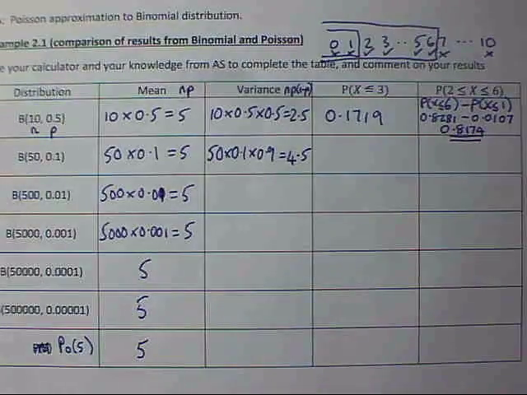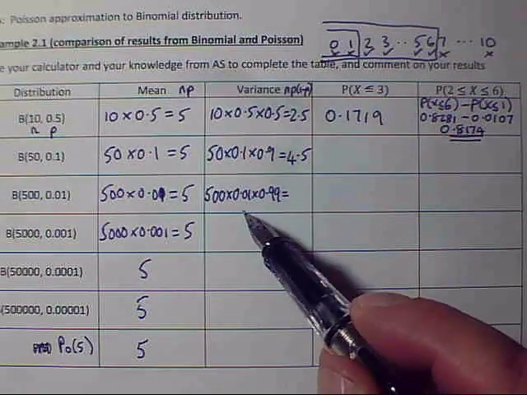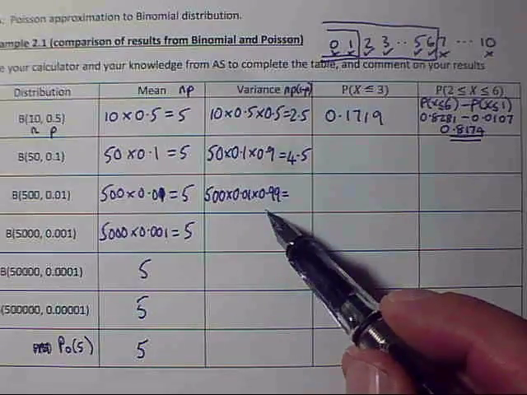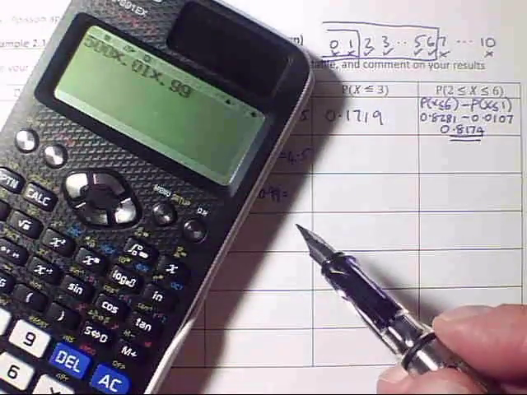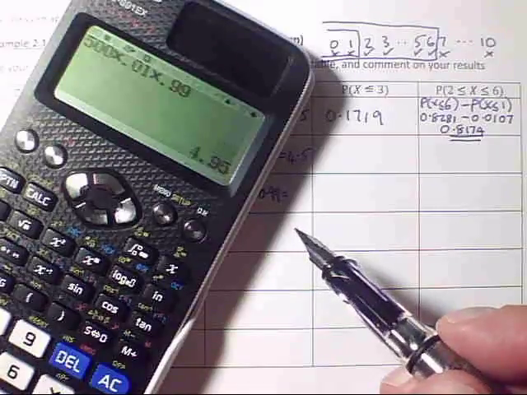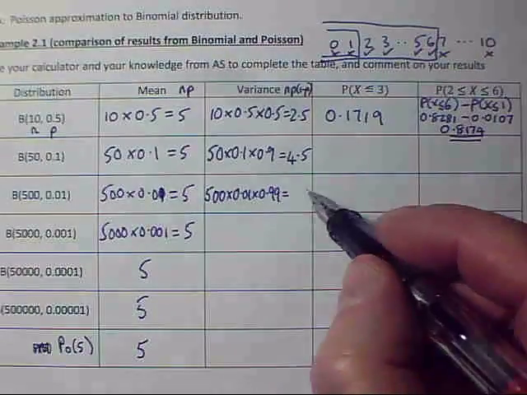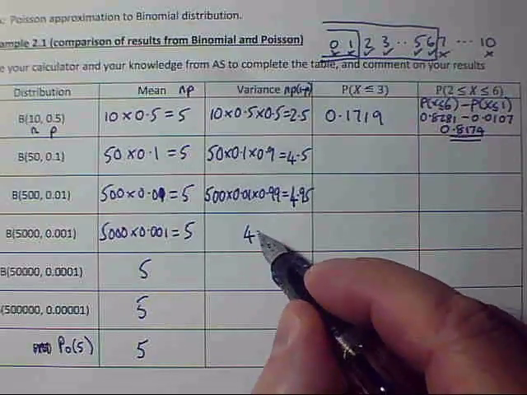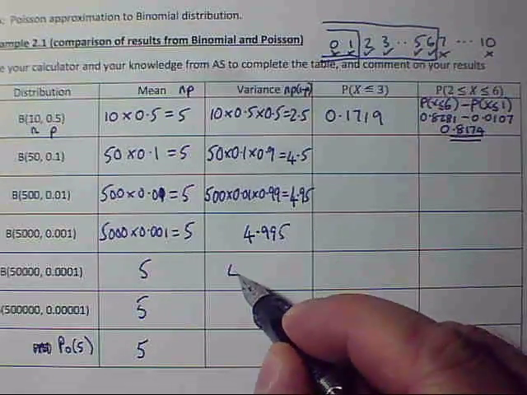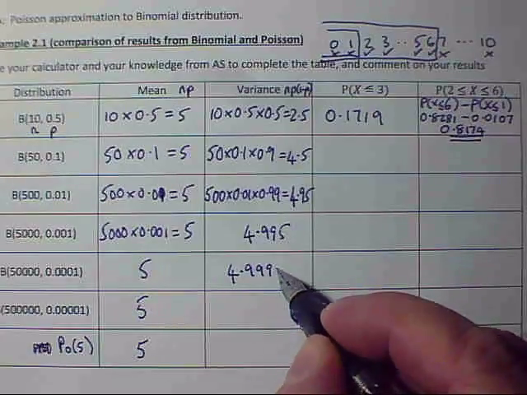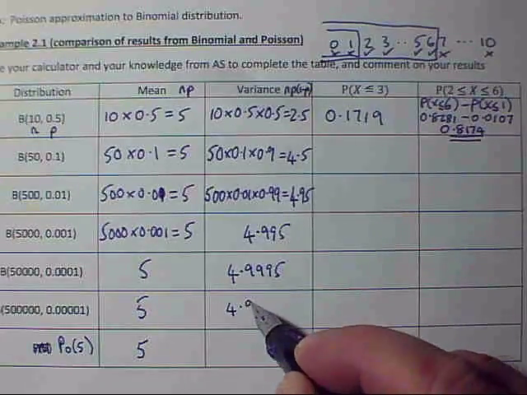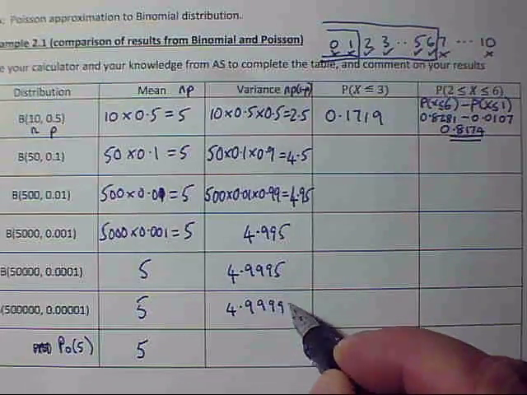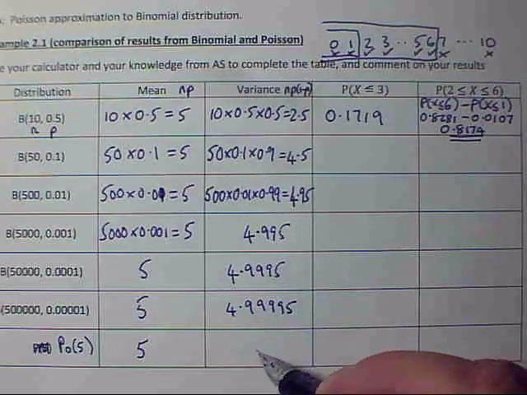And when I work out the other ones in a similar way, the next one I get n times p of 0.01 times 1 minus p of 0.99, and that equals 4.95. And if you do the other ones, you'll get 4.995 and 4.9995. Fairly obvious pattern. By all means check all of these details.